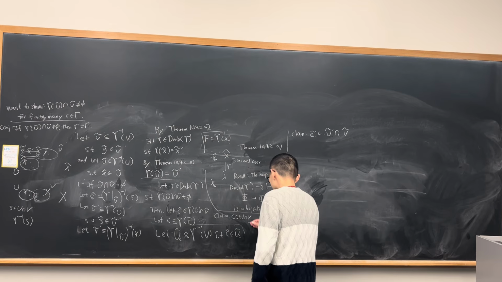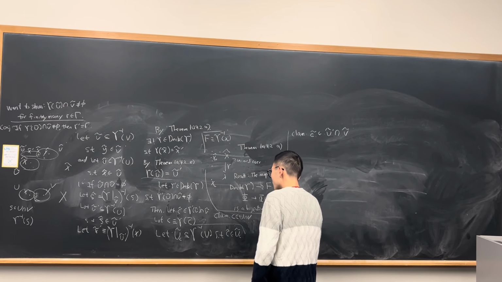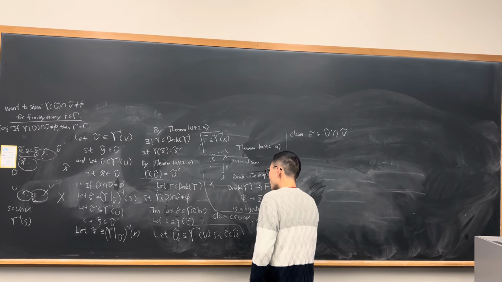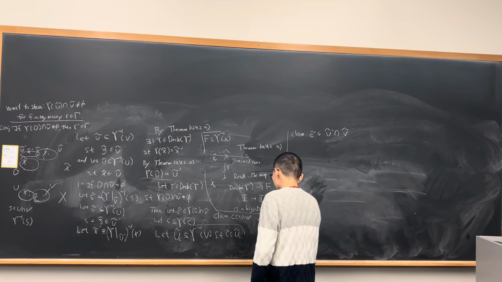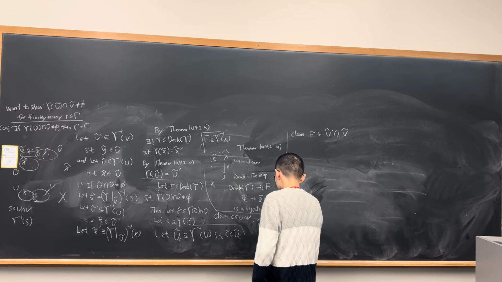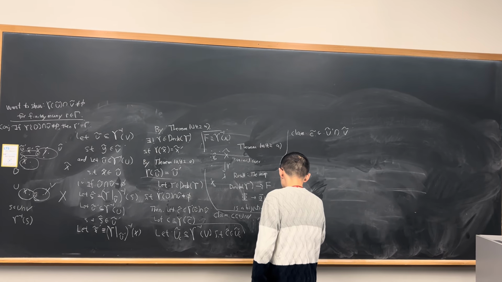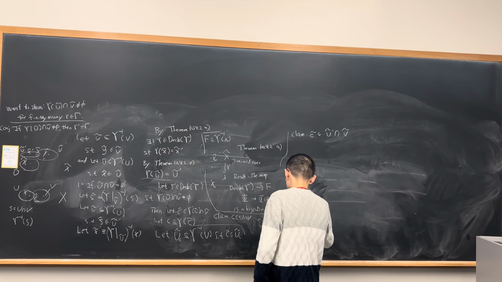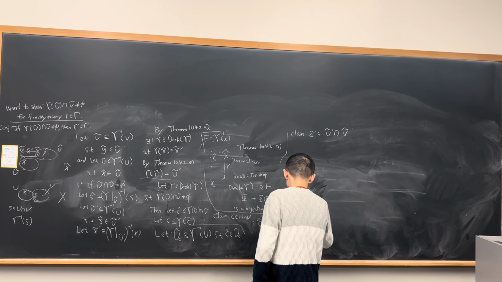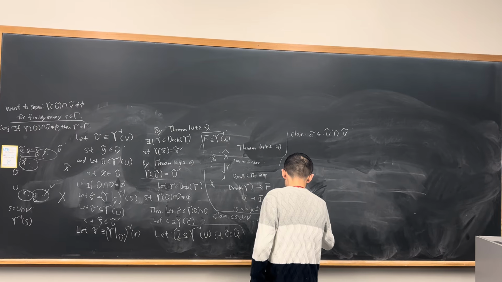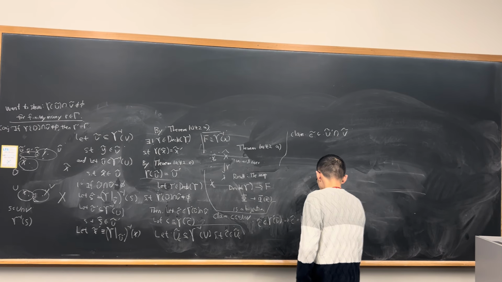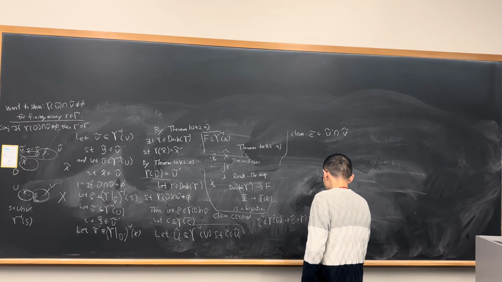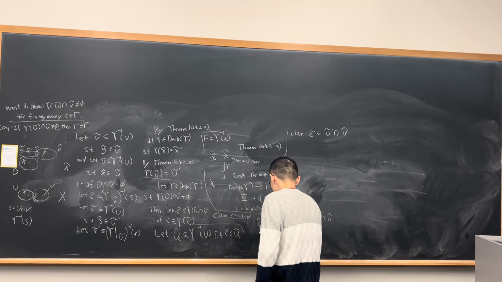So C tilde in this gamma prime of U tilde implies that this C is equal to small gamma prime of C tilde prime, where this C tilde prime is in U tilde.